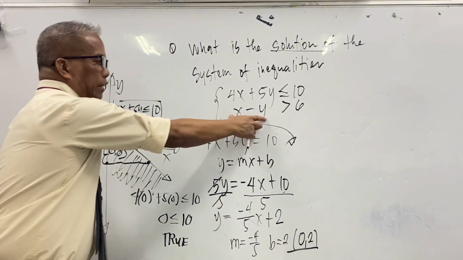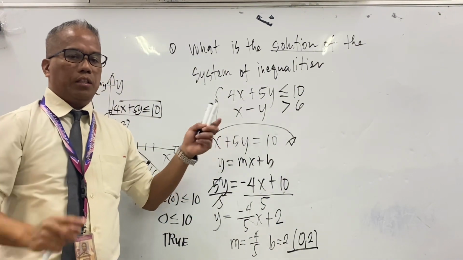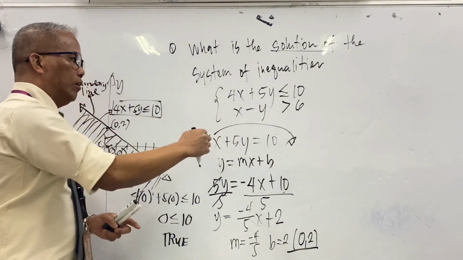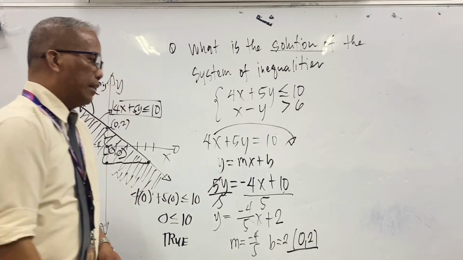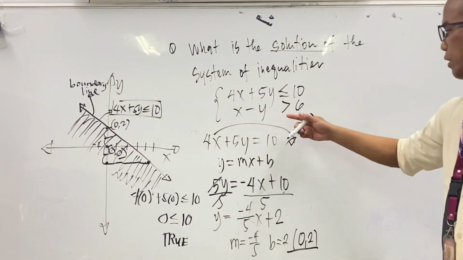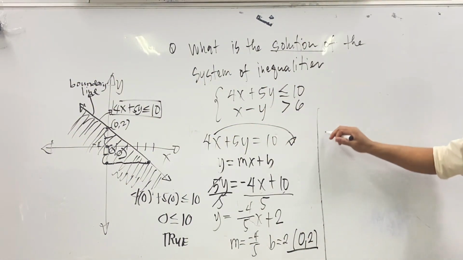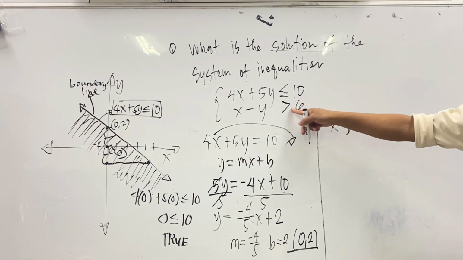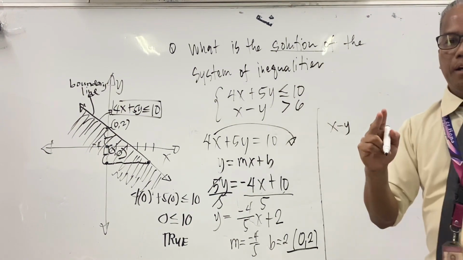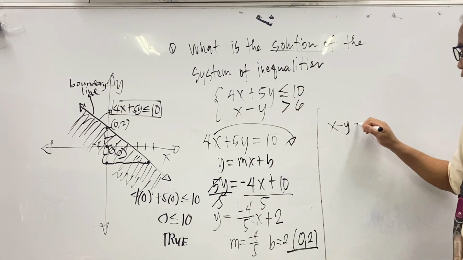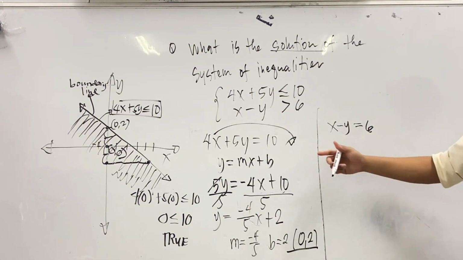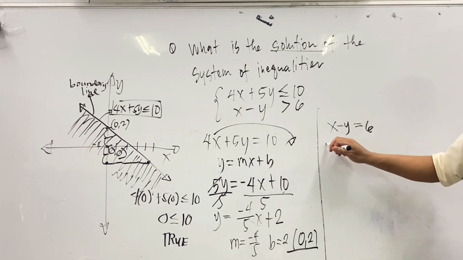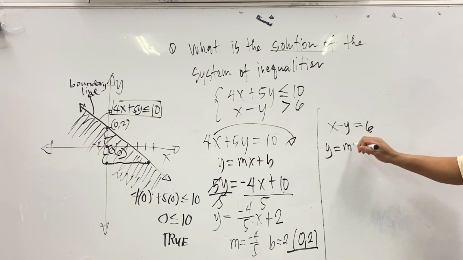But we have another inequality here. Because this is a system, we have two inequalities. So let us solve again. x minus y greater than 6. We will change greater than to an equal sign. Then, again, we will use this formula, y equals mx plus b.